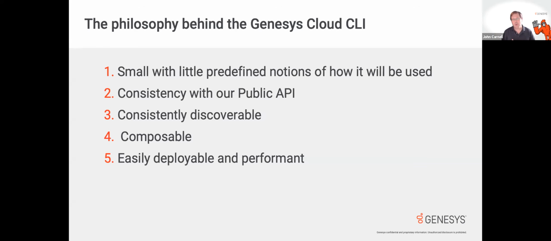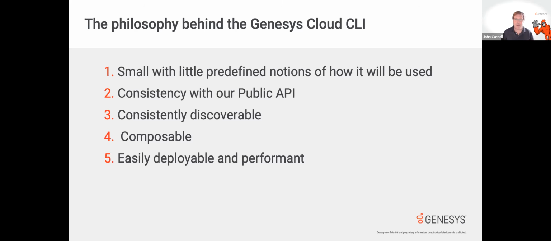The other thing is I really wanted to strive for consistency with our public API. As much as possible, the individual commands in our CLI map up to our public API commands. As a matter of fact, when you see later on in the demonstration, you can actually see in the help section, whenever we're doing a CLI command, we provide the endpoint that's actually being invoked, and we provide the permissions and everything else, because the CLI for me was more than just an administrative tool.